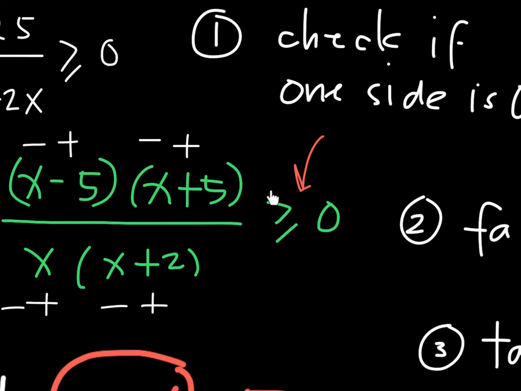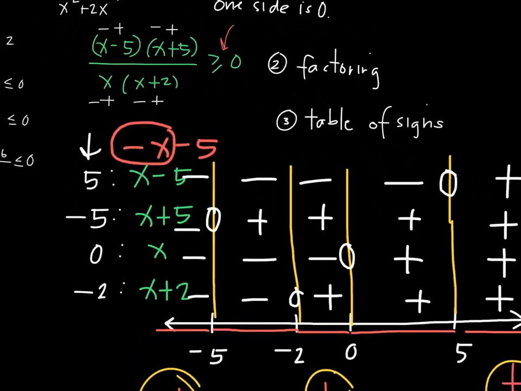But if the case is that this is strictly greater than or strictly less than, then there is no chance that a value will be included in the interval, meaning the values that will make the factors 0, because we cannot include equal to 0 in the rational inequality. But if you have greater than or equal or less than or equal, then you have to check what numbers you can include in the final answer.